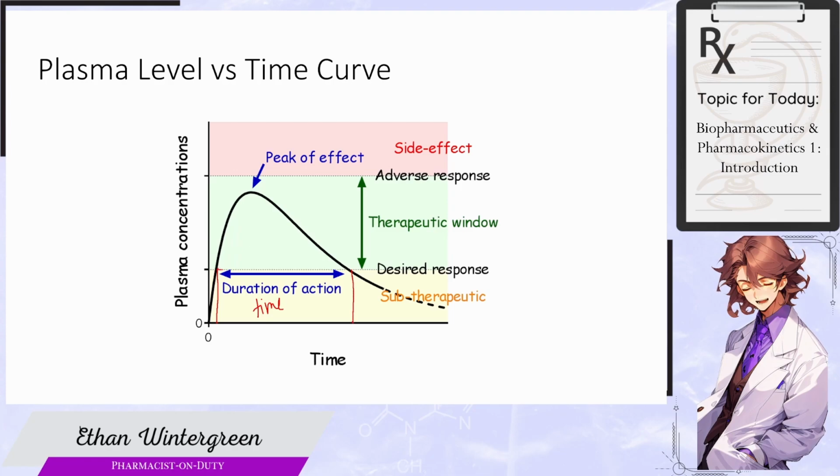So in this period right here, the drug was considered effective because the plasma level concentrations were above the MEC. Okay? So another thing is any concentration below the MEC is considered subtherapeutic. So we don't expect any pharmacologic effect if the drug is below the MEC. Okay?